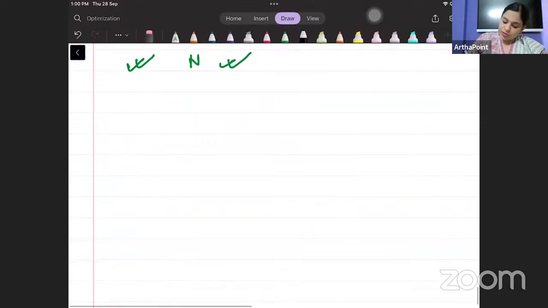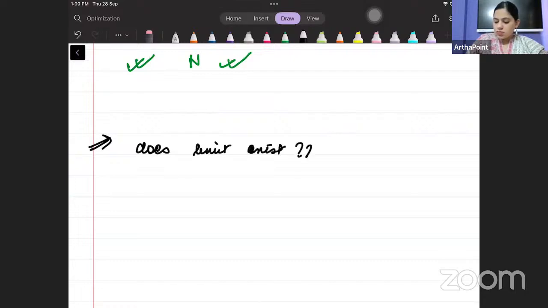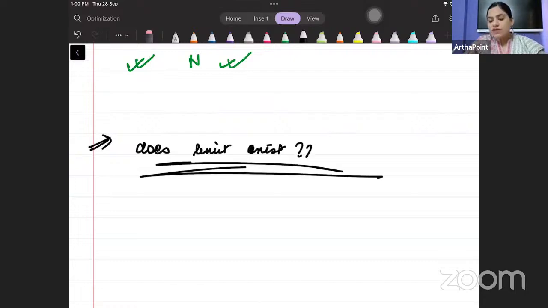Then beta second point, does the limit exist? So beta, how did we check whether the limit existed or not existed? बहुत simple था. You could have checked from left hand side and right hand side. तो negative side से approach करो और positive side से approach करो.